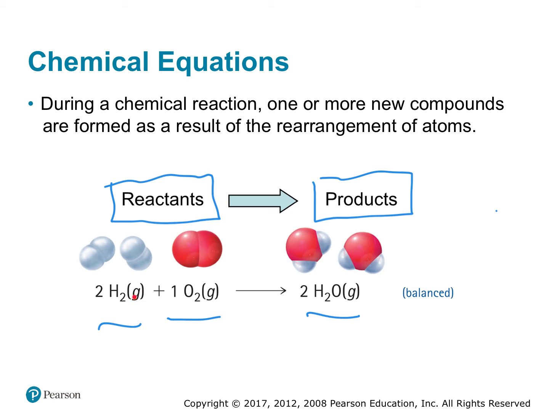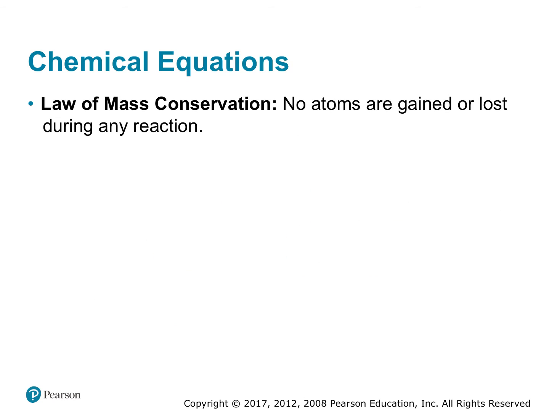And so instead of a G for gas, you might see a little S for solid. Anyway, if you see things in parentheses, that's telling you what state of matter you're talking about. In your assigned reading, they go through a lot of options for what could be there besides G, not just solid, liquid, and gas. But in any case, look to your textbook for that.